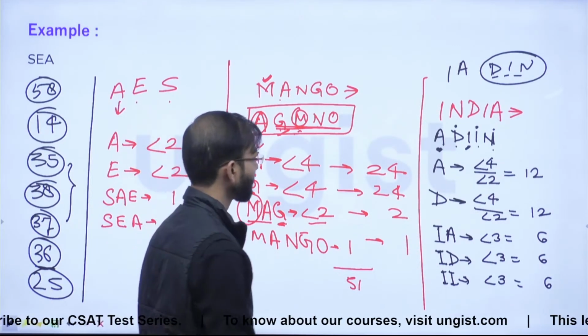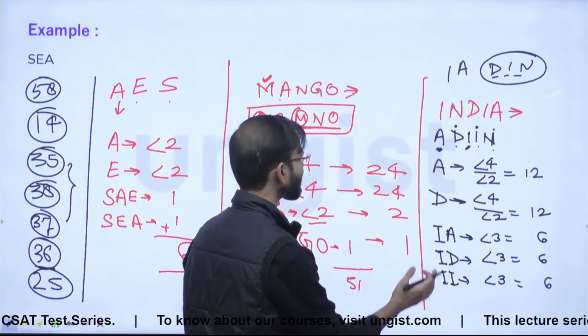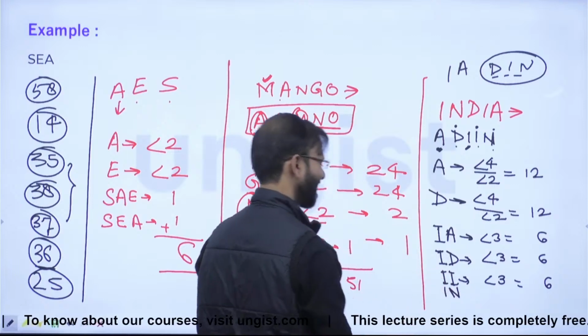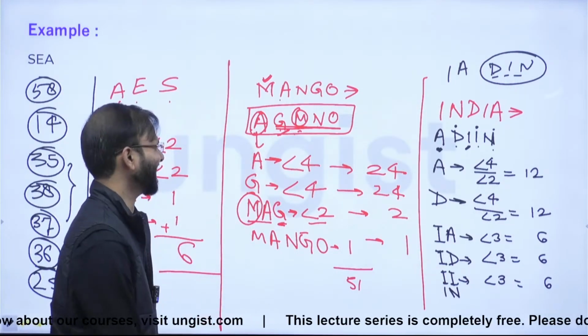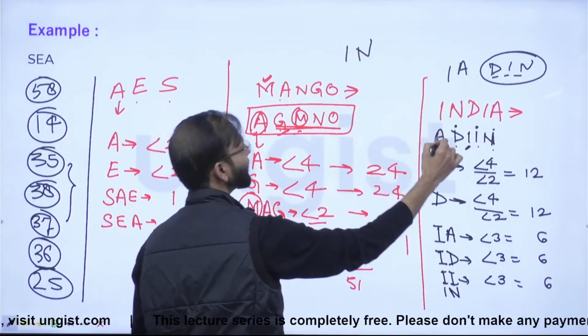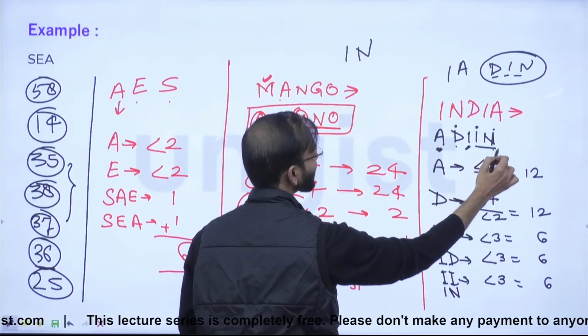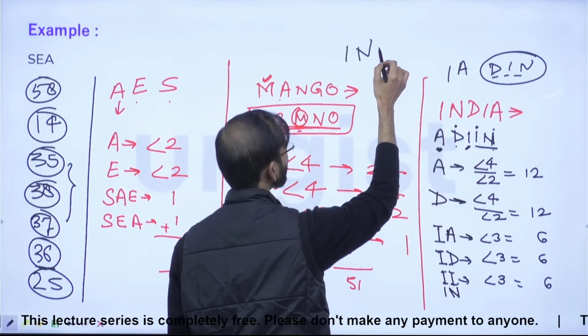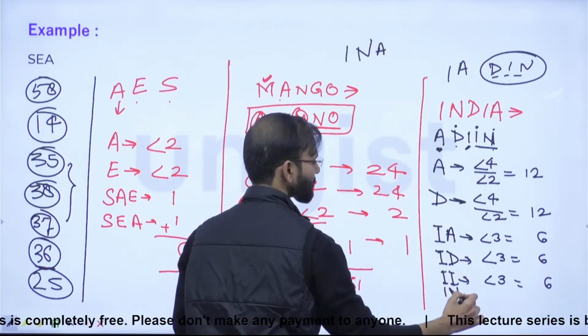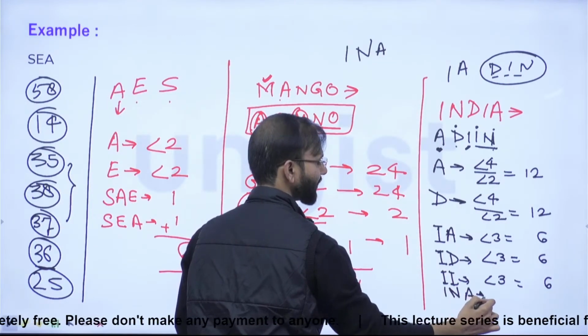IN. Okay? I think we should have gone a bit higher, we came down a bit. IN. Right? Yes, guys, IN. After IN, we have A, right? So INA, which is not required, right?